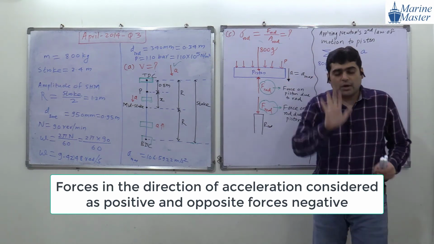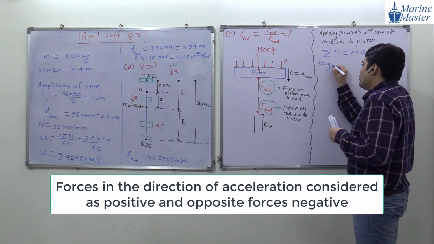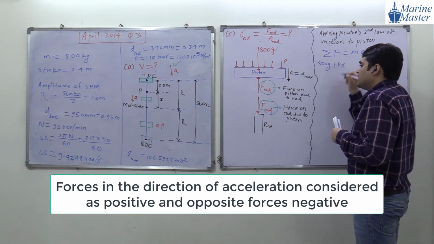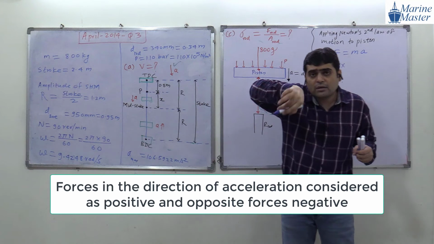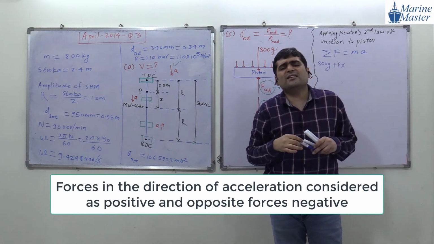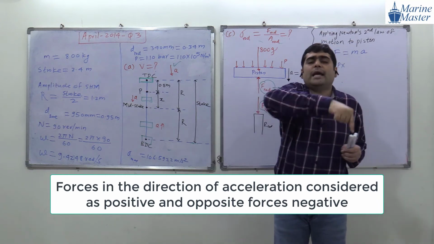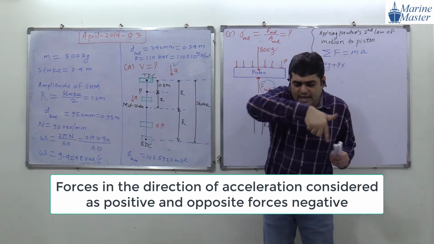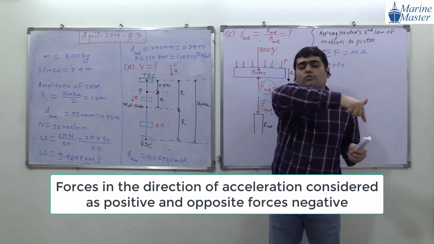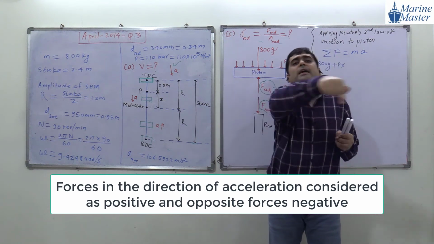So what do we have to consider? Pressure force will be pressure into piston area. And here, for us clearance is negligible. So whatever the area of piston, the same will be the area of bore. Suppose the piston is circular, then whatever the area of piston, the same will be the area of bore.